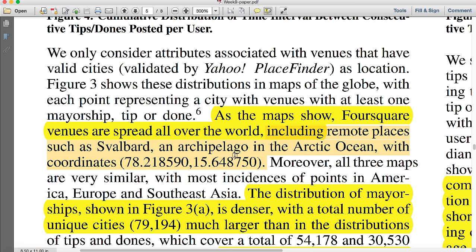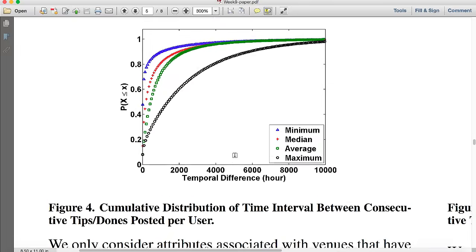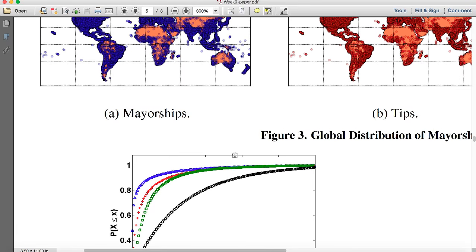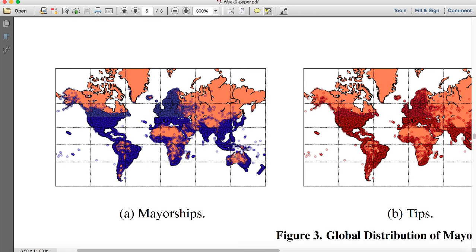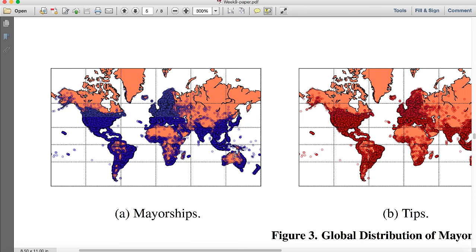So for example, let's look at figures 3A, B, and C. If this is the mayorship, every blue dot in this graph, figure 3A, shows you the distribution of the mayorships that were done around the world.